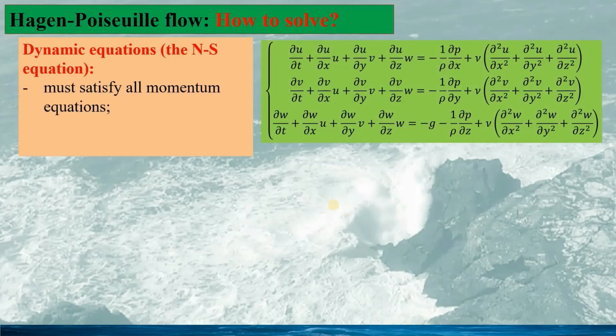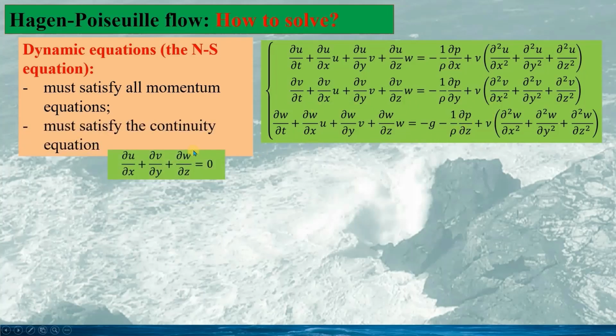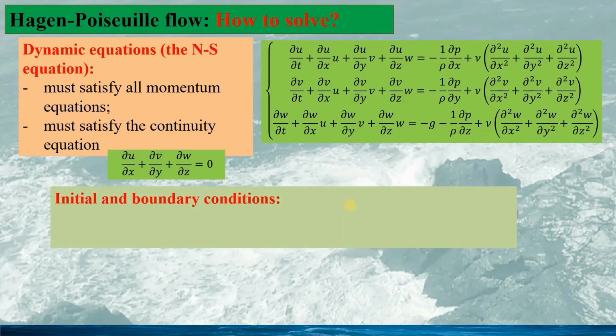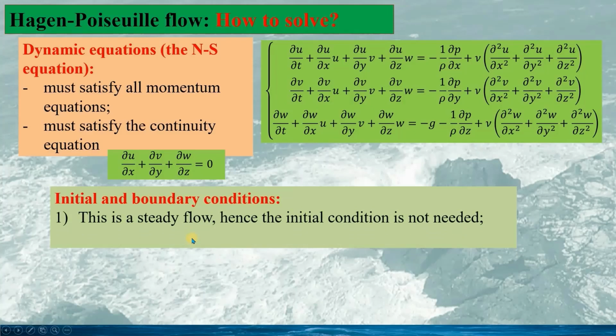So for the flow, the dynamic equation would be the momentum equation given as this. We have seen this from the Navier-Stokes equation, and the flow must also satisfy the continuity equation, the simple equation here. To solve the Navier-Stokes equation, we need to consider the initial and the boundary conditions.